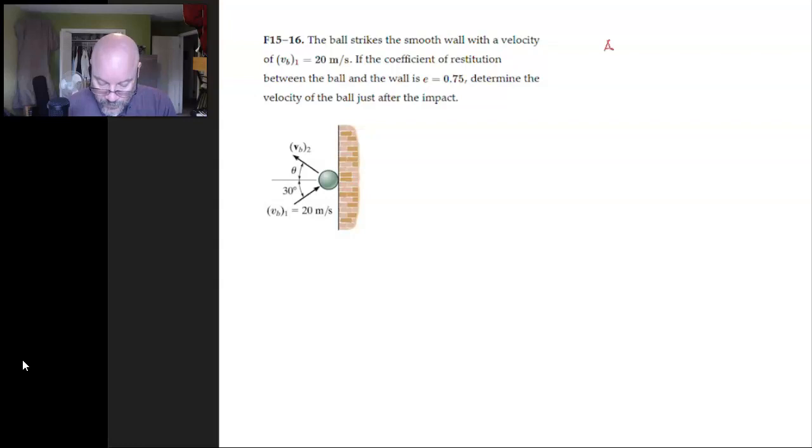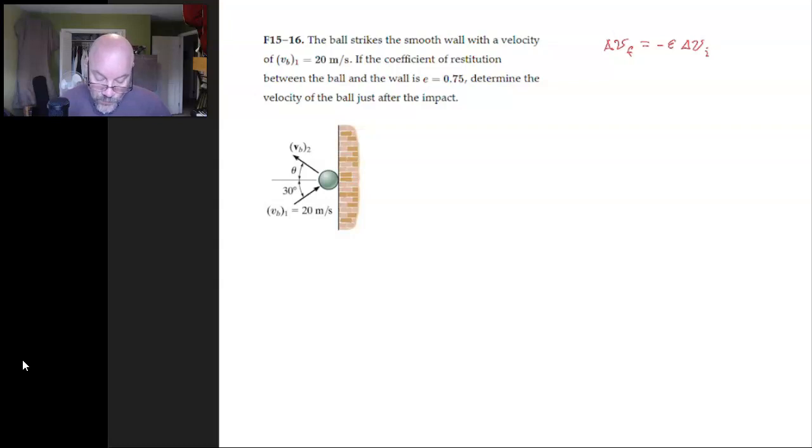So we would say the relative velocity of the final state is equal to minus the coefficient of restitution times the relative velocities of the initial state. Okay, just like that.